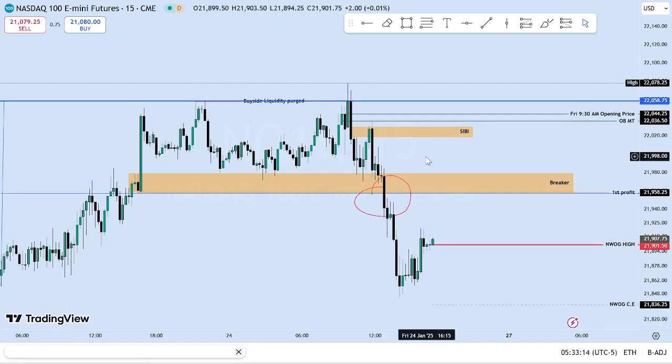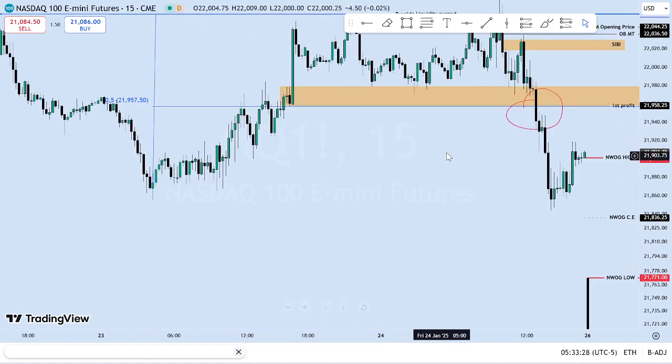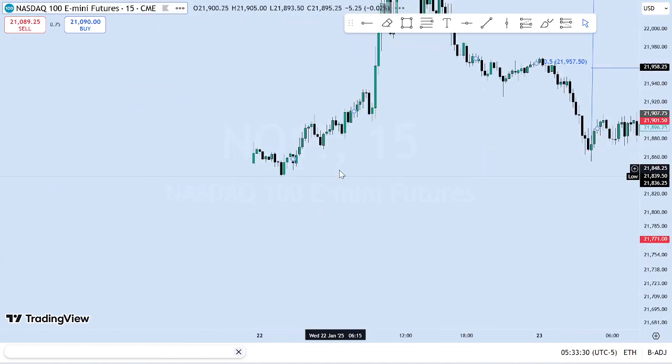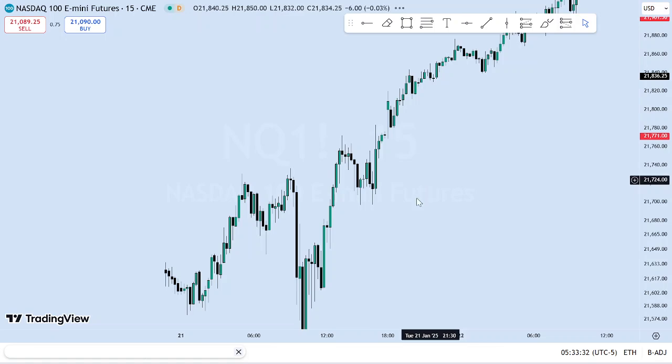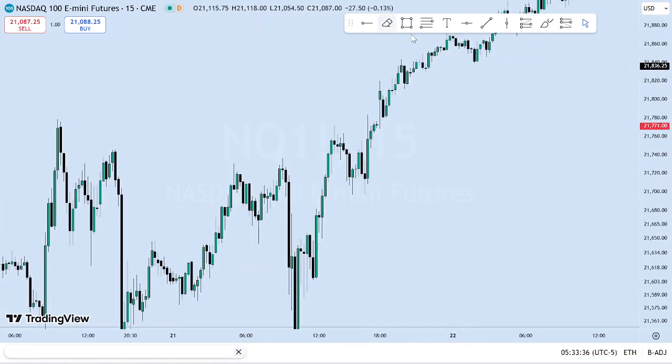When we are bullish, we see a higher high. If we are bearish, we see a lower low as price action. A lower low is, if we are bearish, price will be breaking below. If we are bullish, like this is a bullish trend, price will be breaking above.